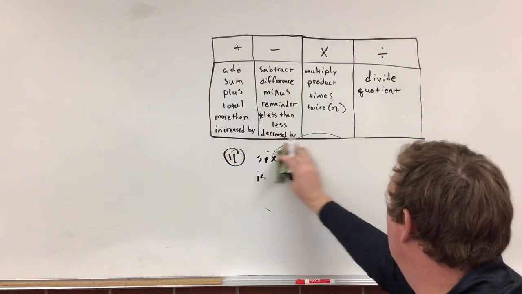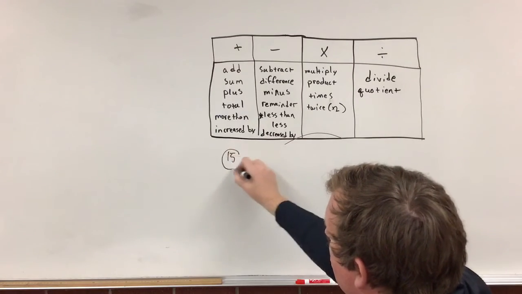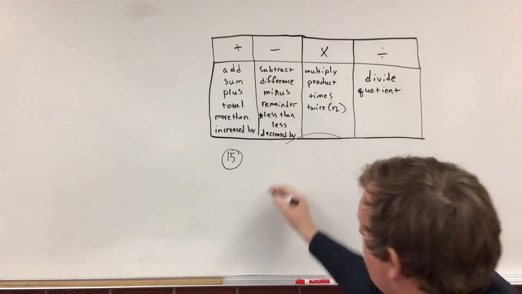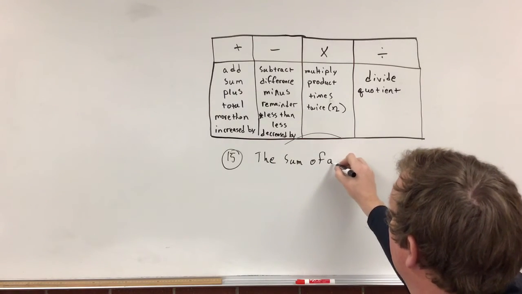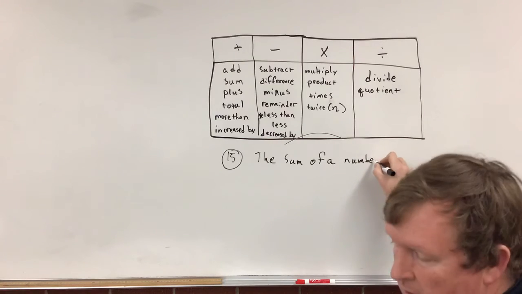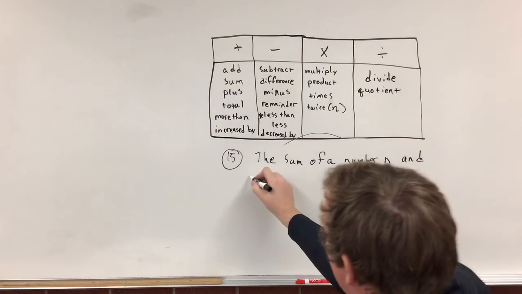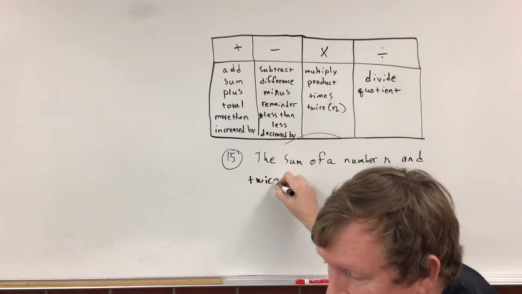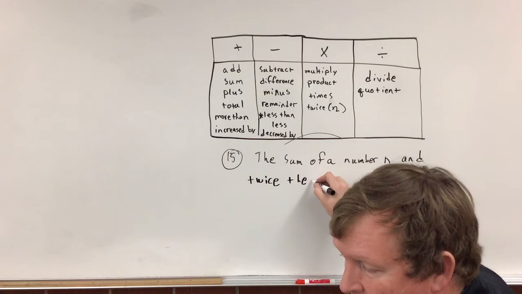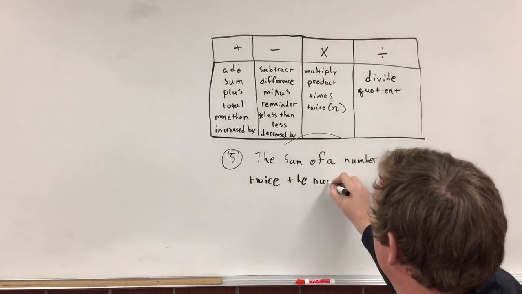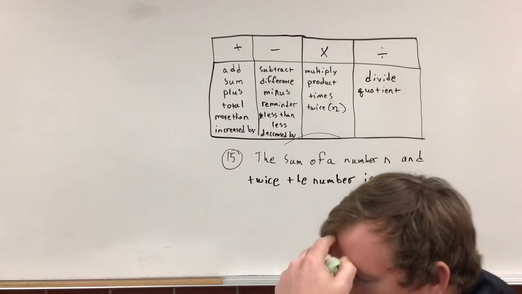All right, let's look at number 15. Okay. It says the sum of a number n and twice the number is 24.